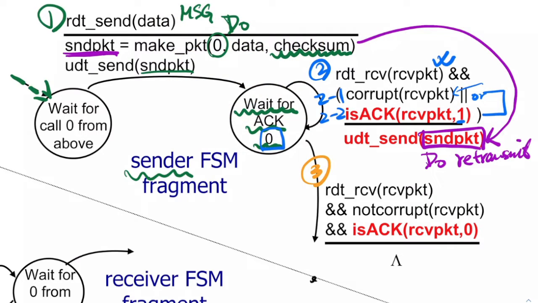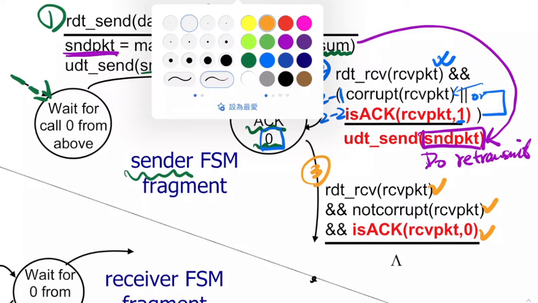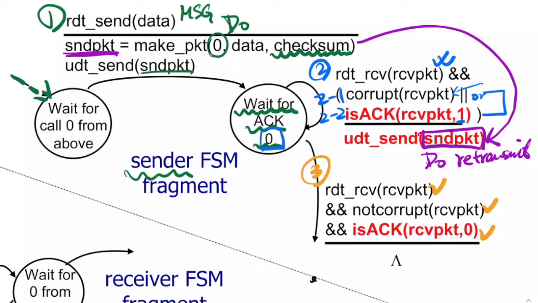So next is step number 3. If at this moment, when I'm waiting for ACK number 0, I receive a packet that is not corrupted and it is actually ACK number 0, then as a sender, I go to the next state. It should be a symmetric state, right?